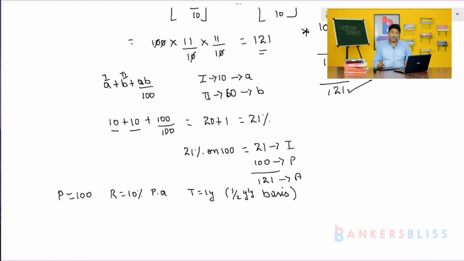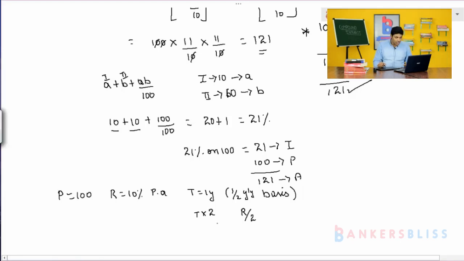Like that we have to calculate. Semi annually means in a year you have to calculate twice. So time period into 2 we have to do, and rate percent by 2 we have to do.